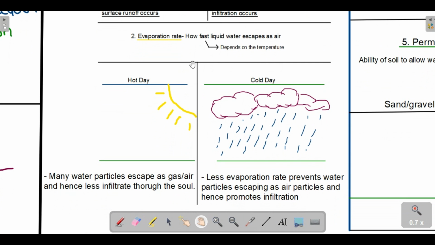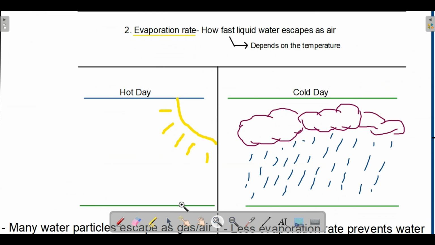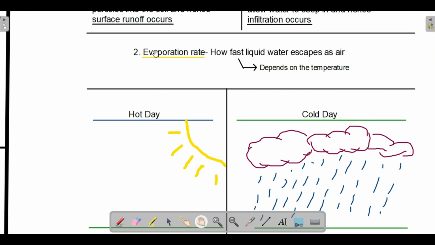So the second factor is what we call evaporation rate. Okay, so evaporation, as we know, guys, is when we convert liquid into gas or air, right? That is what we call evaporation. Now, the rate refers to the speed of it. How fast does this occur, right?